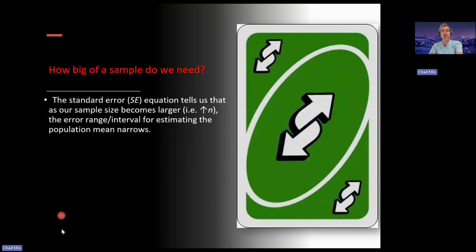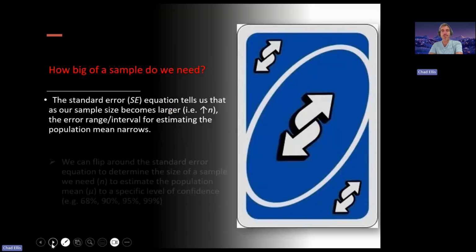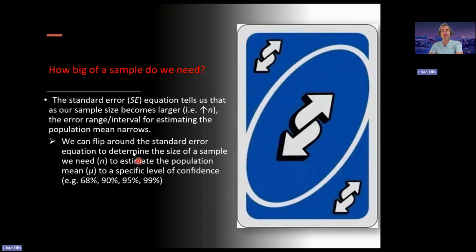So we can also use the standard error equation to estimate how big of a sample we need to achieve a certain level of confidence. Sometimes we want to figure out how many observations, or how many people, we need to interview. How big of a sample size do we need to achieve a certain level of confidence, whether that be 68%, 95%, or 99%?